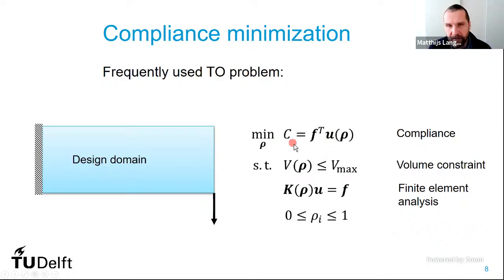So that means actually it should deform the least under the action of a load, or in other words, the stiffness should be maximized. That's another way you can see it. And that is done under a volume constraint. So we are restricting the amount of material that can be used. And as I mentioned, I will use linear elastic mechanical analysis in all of the examples.